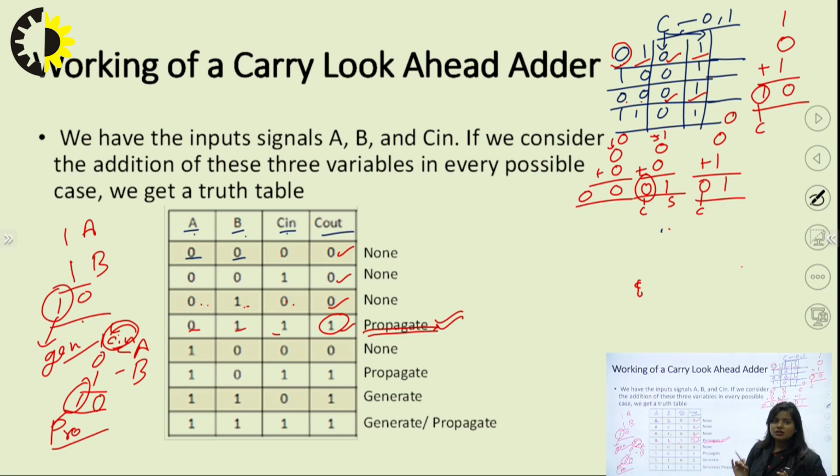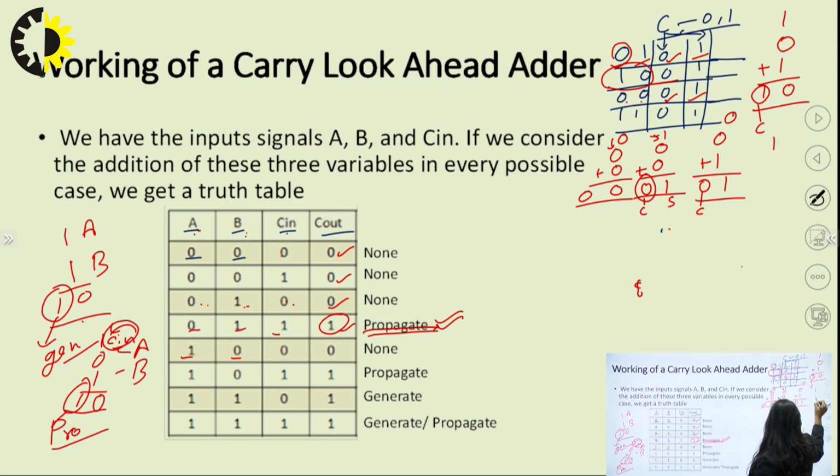Whenever the carry is coming from the C in bit, this time the carry is a propagate carry, and whenever the carry is coming from the A and B, this time the carry will be a generated carry. Okay, so what have we discussed? We have discussed 0, 1 and 1. Now we have the case 1, 0, 0. Means 1, 0 with 0.